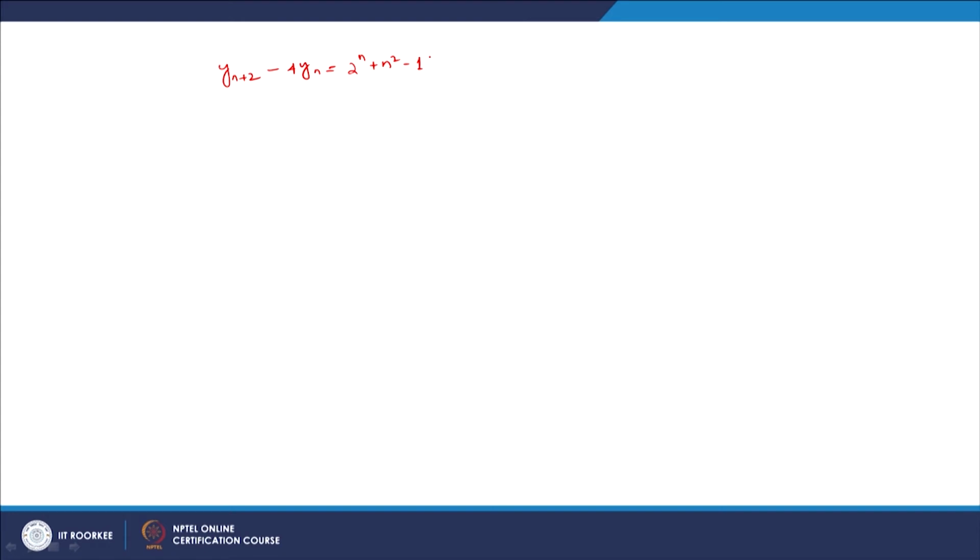Directly putting y n equals m to the power n as a geometric expansion, for the complementary function we have m to the power n plus 2 minus 4 m to the power n equals 0. This implies m to the power n into m square minus 4 equals 0, where m to the power n is not equal to 0. So, we can have m equals plus or minus 2.